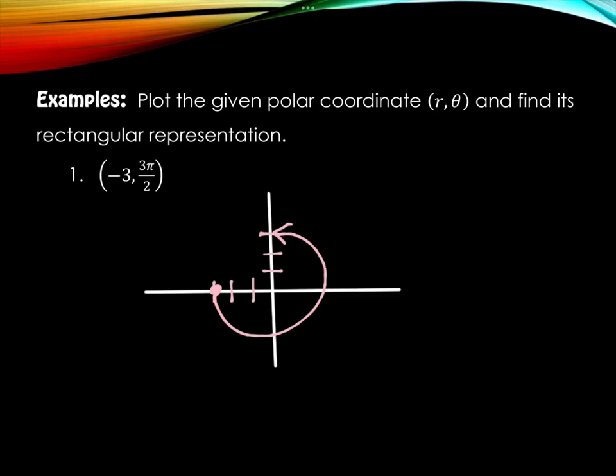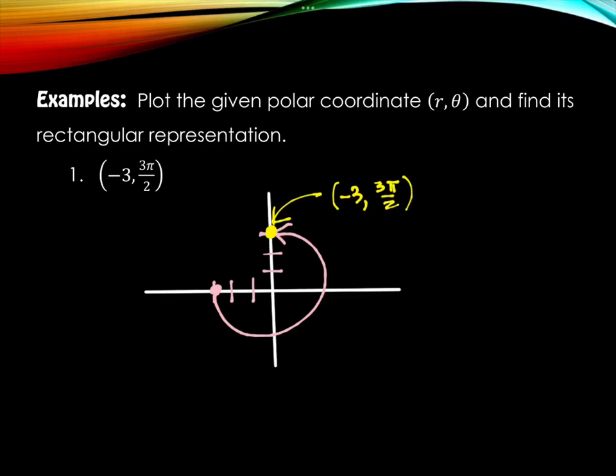Now, we aren't asked to do that on this particular problem. But if we were, from a visual perspective, it would be easier than the equations perspective, wouldn't it? Just because it's a nice value. So our location in space is right here.